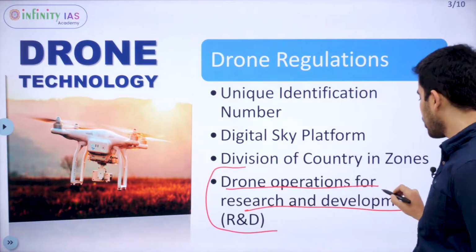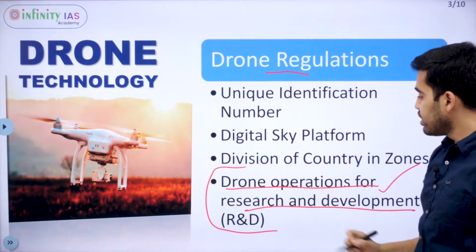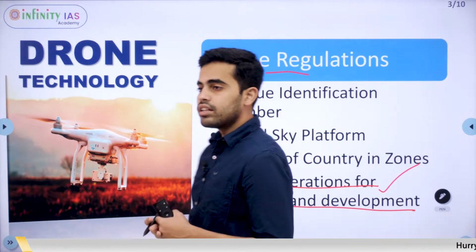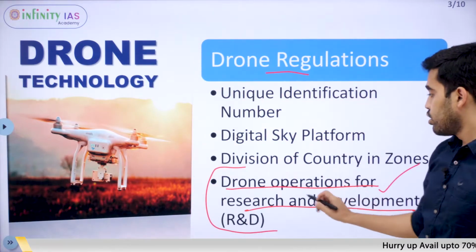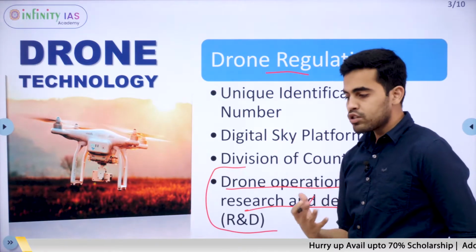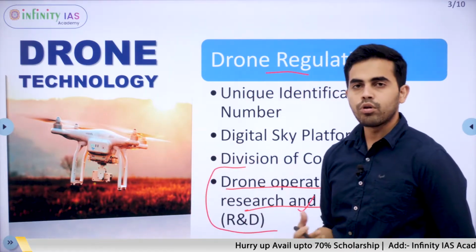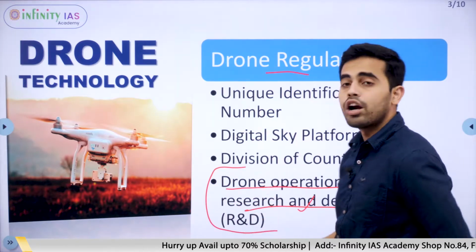So this is also an important point in the drone regulations, which is the government of India has removed the requirement for registration when it comes to drone operations for research and development. What does this mean? So basically, if a company is trying to develop a new type of drone, it need not have permission or registration to fly it.